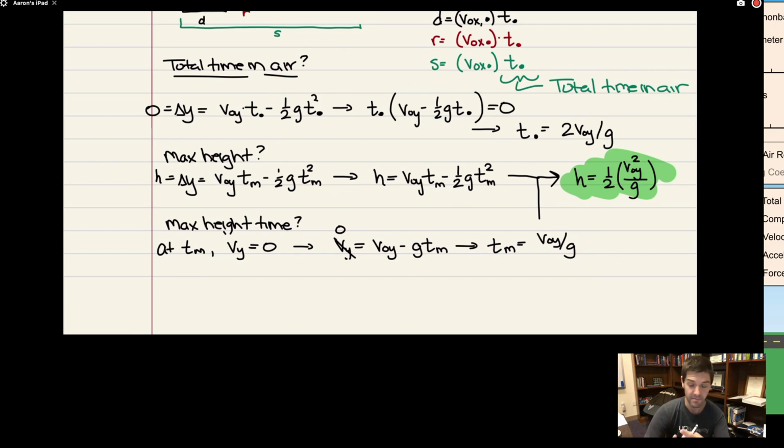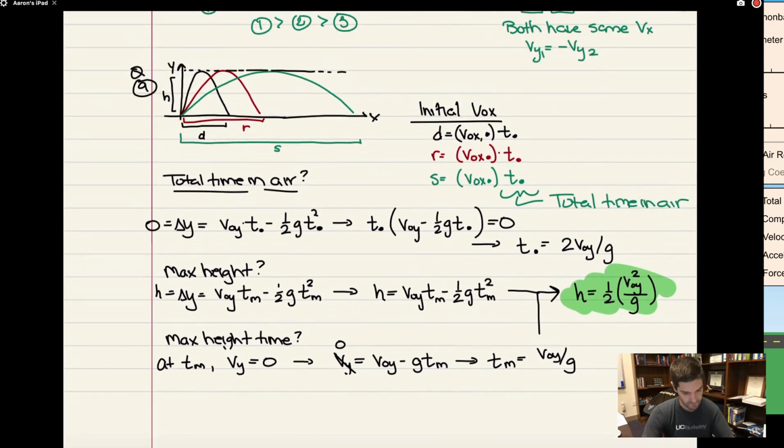And also the maximum height is the same for all 3 footballs. So h, 2, and g are the same for all 3 examples. If they are all the same for each of these 3 cases, the only other variable here is the vertical y velocity. So the vertical y velocity must also be the same for all 3 cases.